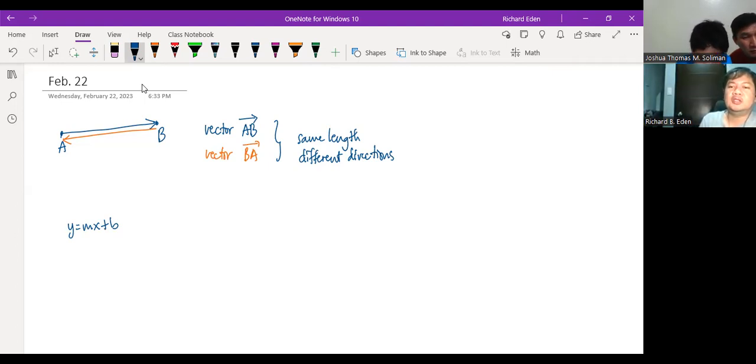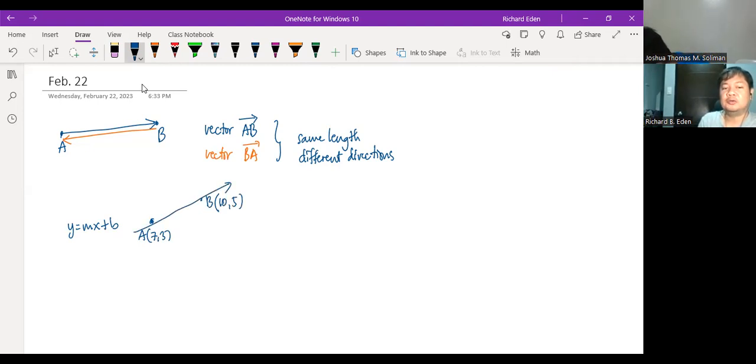So the comparison that I wish to make is, for example, we have two points on the plane, A with coordinates (7, 3) and B with coordinates (10, 5). There is a unique line passing through A and B. With sufficient knowledge of algebra, it is possible to come up with the equation of the line through A and B given their coordinates, because given these two coordinates, we can find the slope.